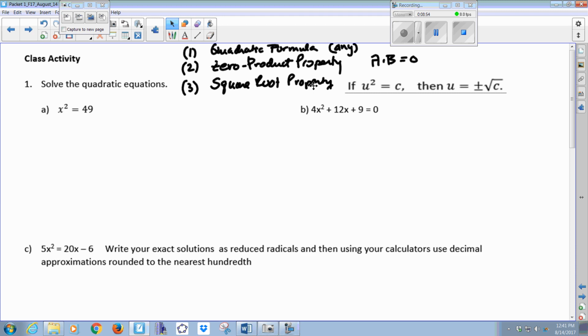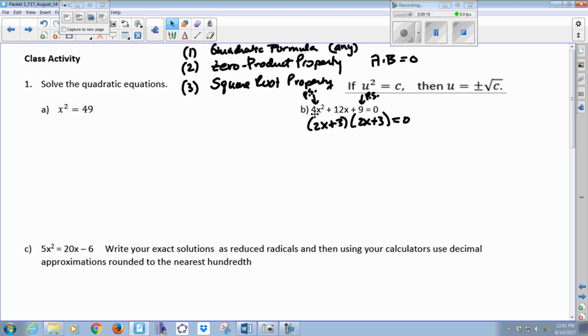So if you factor this, you would get 2x plus 3 times 2x plus 3 is equal to 0. Notice, whenever you see a perfect square here and a perfect square here, you want to check to see if perhaps this is what we call a perfect square trinomial. Trinomial being 3 terms.